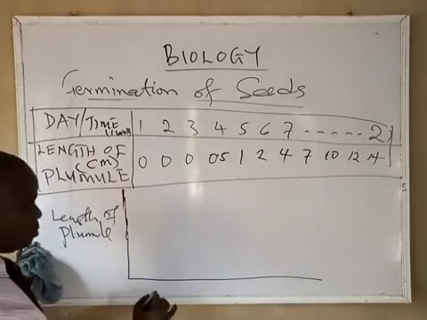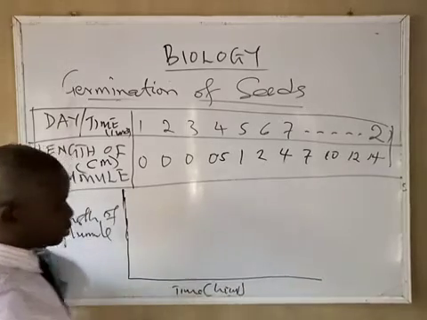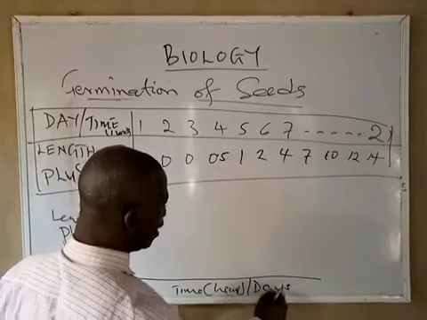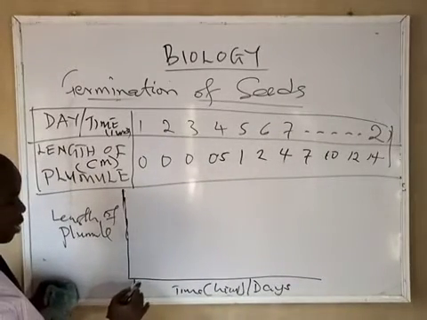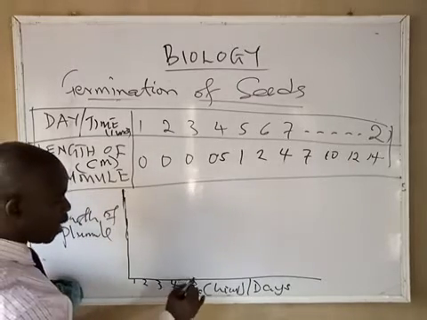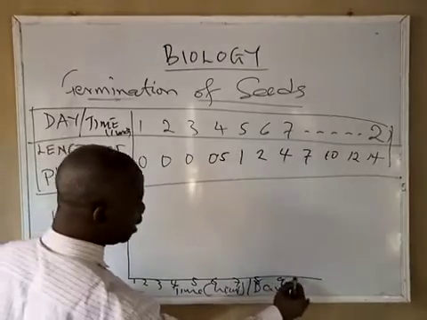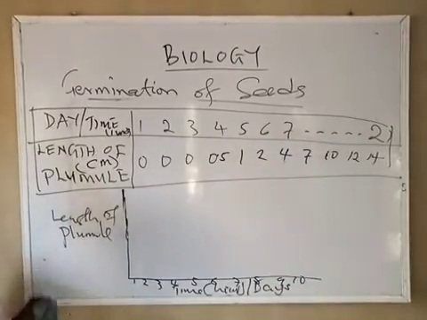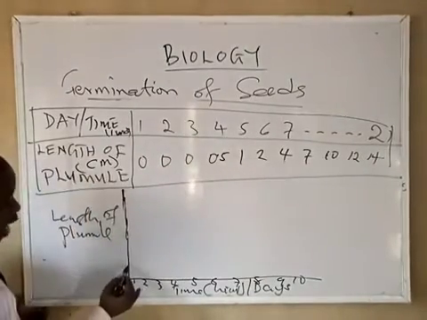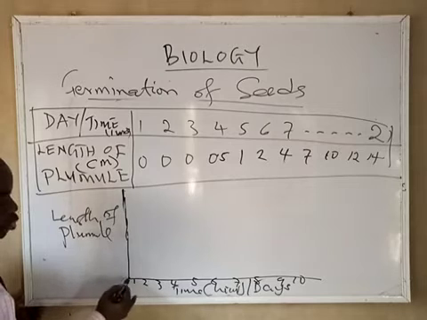You understand it? And you have time. Your time may be in hours, or it may also be measured in days. So it may be day 1, day 2, day 3, day 4, day 5, day 6, day 7, day 8, day 9, day 10.